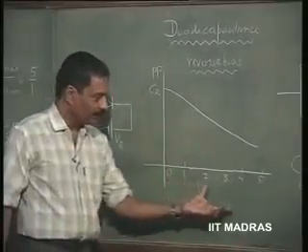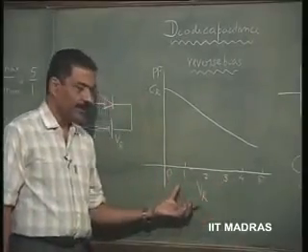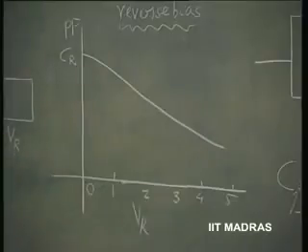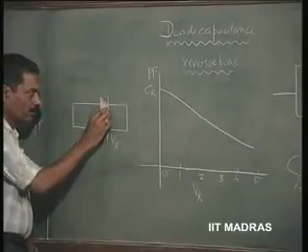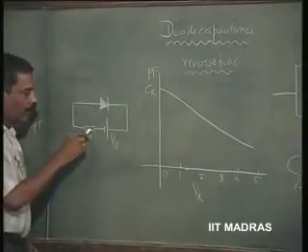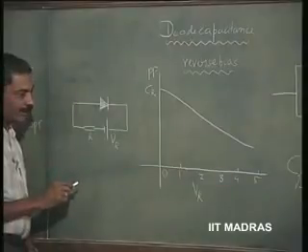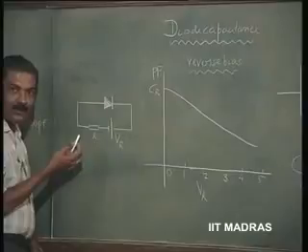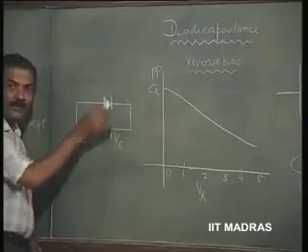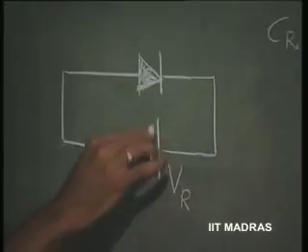As the reverse bias voltage magnitude, let us say, increases, I am now having the circuit here. This is our usual diode symbol, and I just put a resistance here saying that it is a network. This resistance is not going to matter now, because no current is going to flow through this, because it is reverse biased.